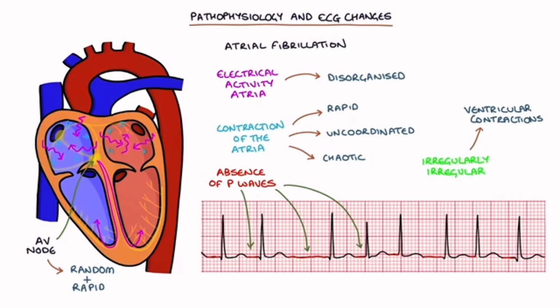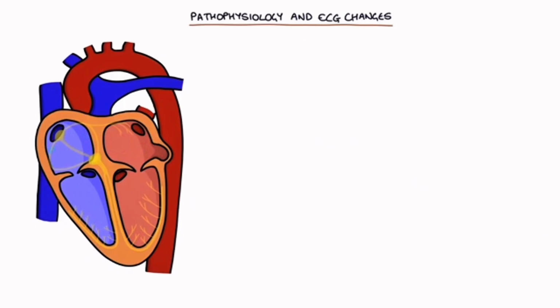On an ECG, the QRS complexes are irregular, meaning that the spaces between QRS complexes vary and they occur randomly without a predictable pattern, which you can see on the ECG strip in green color above.